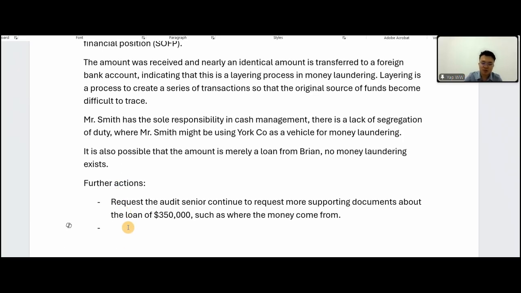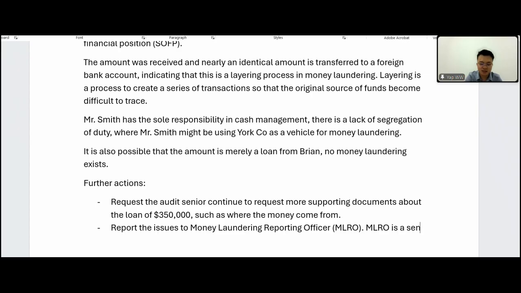Okay, what else have I written in the further actions? Yeah, we may consider to report the issues to the money laundering reporting officer, MLRO. Then you must explain who this is.